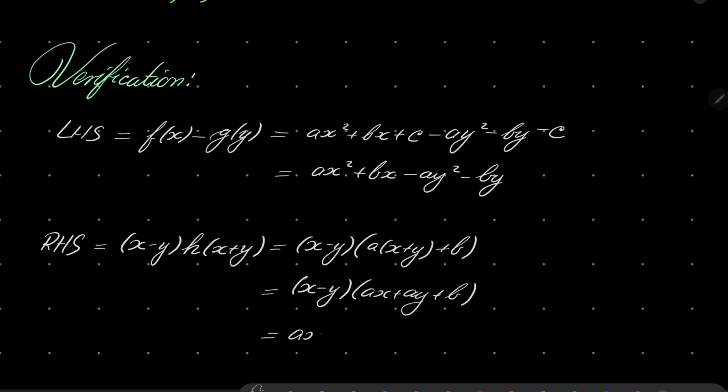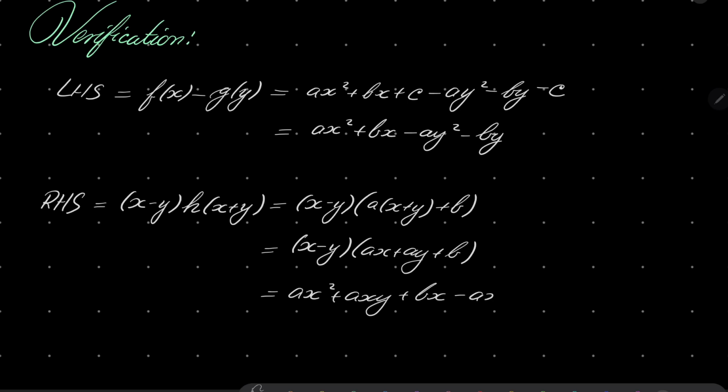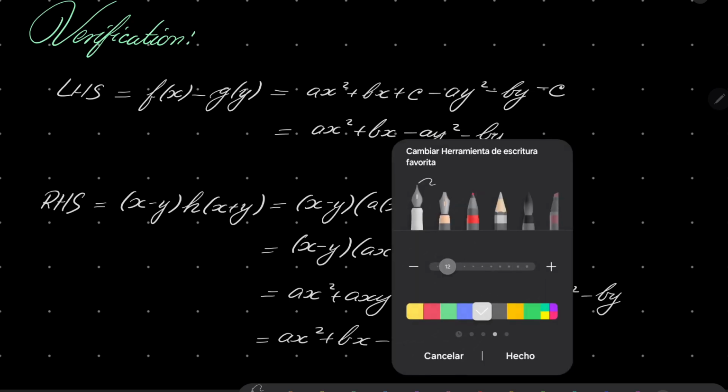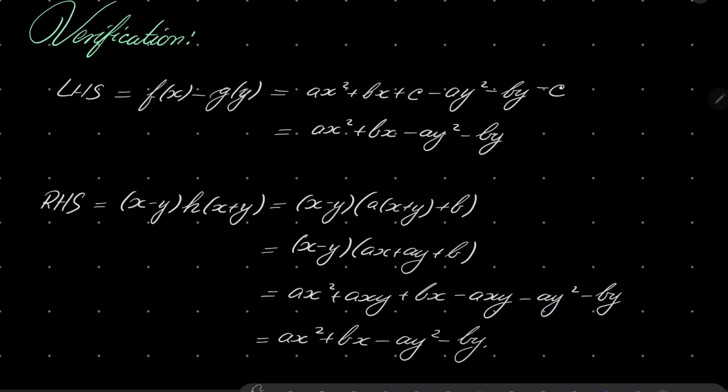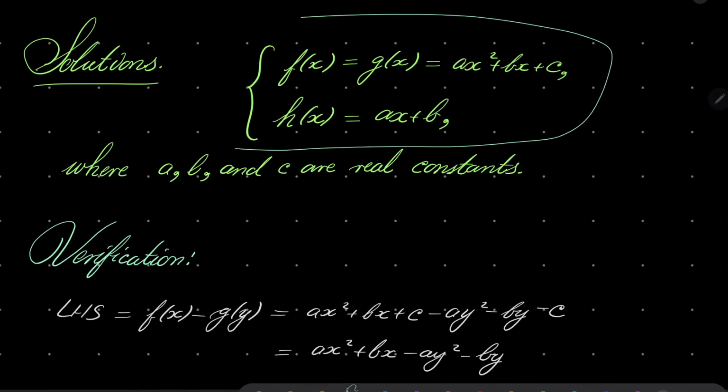So it's ax squared plus axy plus bx minus axy minus ay squared minus by. And this is, after some cancellations, exactly the same. Ax squared plus bx minus ay squared minus by. Exactly the same. So for any real parameters a, b, and c, any triple of solutions defined right here is really a solution.